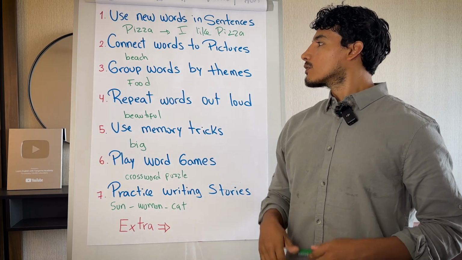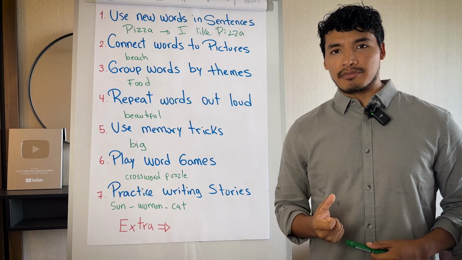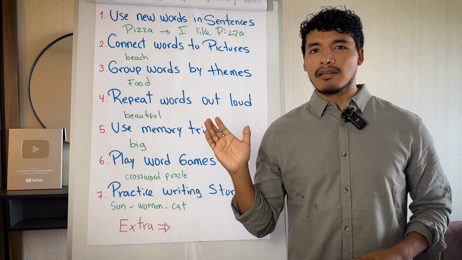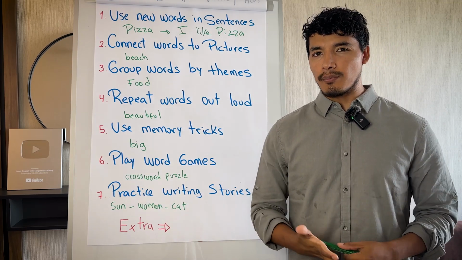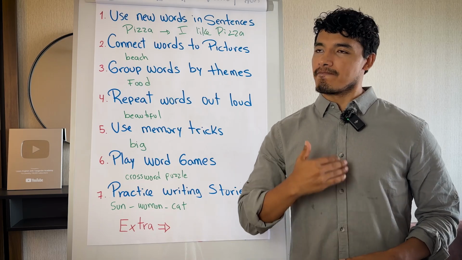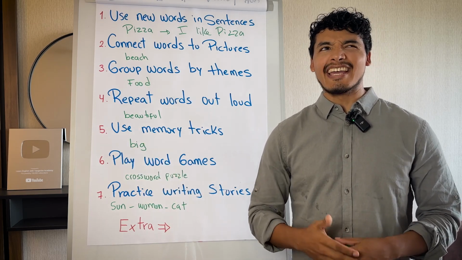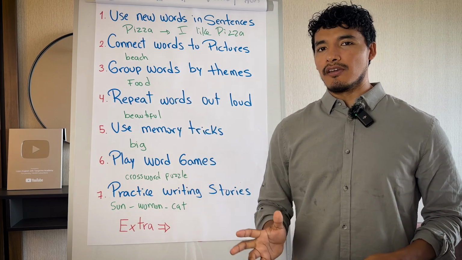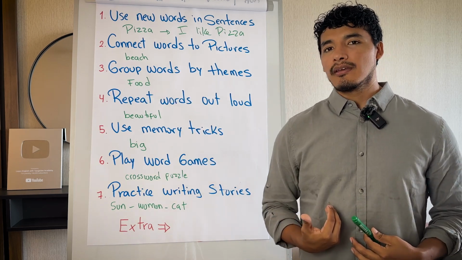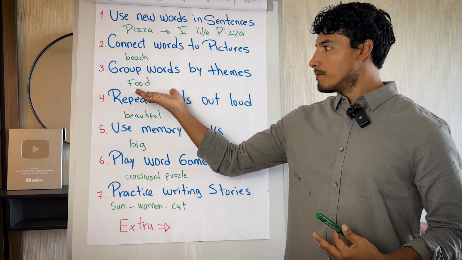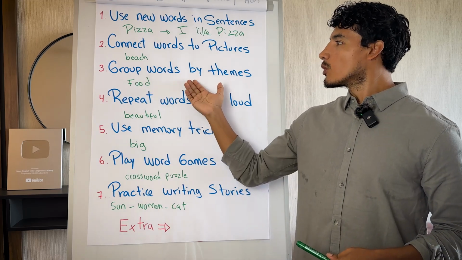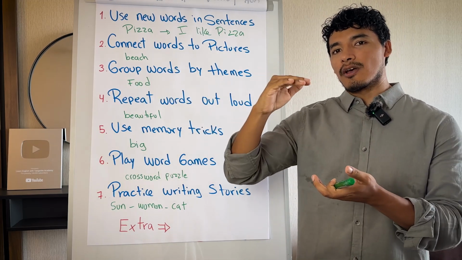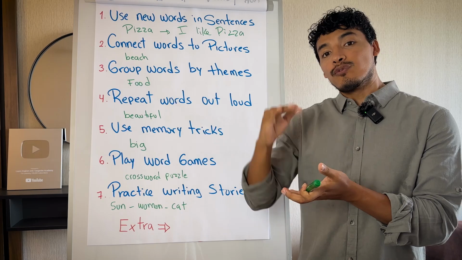Number 3, group words by themes. This is something that was very useful for me when I was learning English many years ago, like 18 years ago. For example, if you want to learn vocabulary about food, then you group all the words related to food.